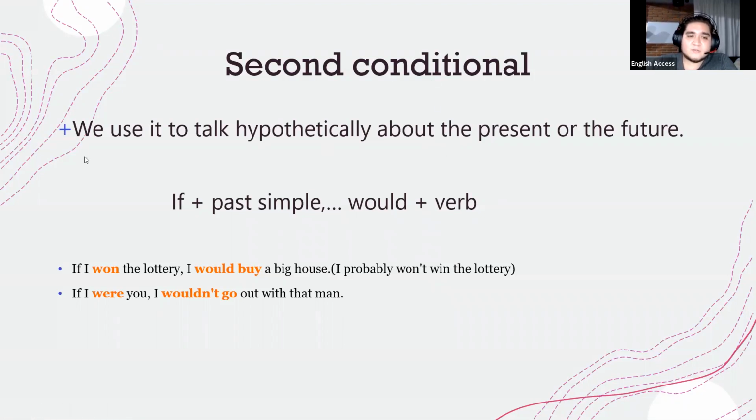Now, the structure for this is an if clause, but this time with the simple past. And in the next clause, we're going to use modal verbs, but the most common one is would. So we're just going to use would for now.